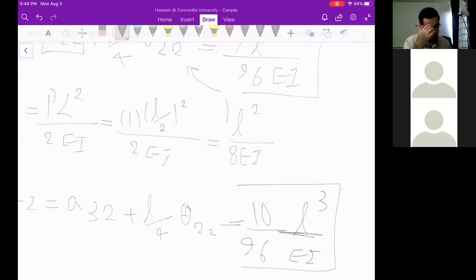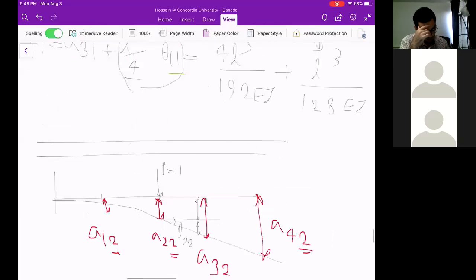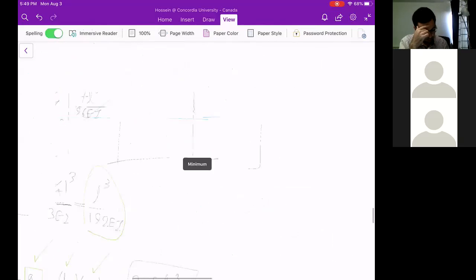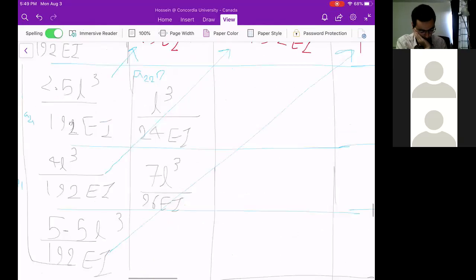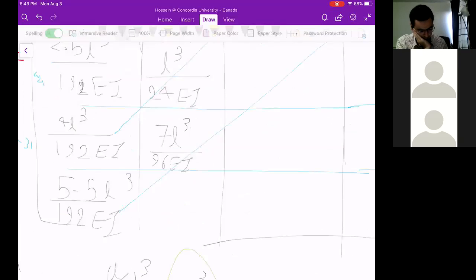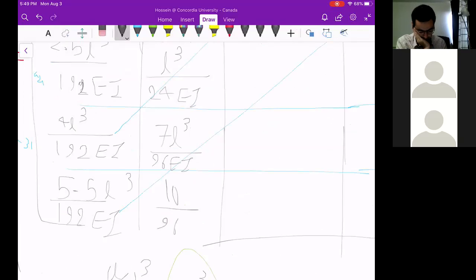So the second column is already finished. Second column is finished, 10 L cube over 96 EI.